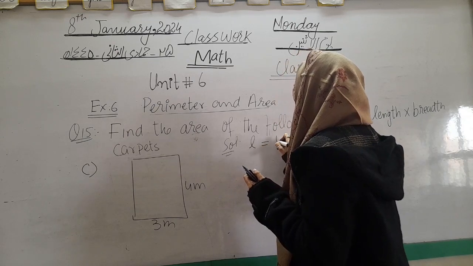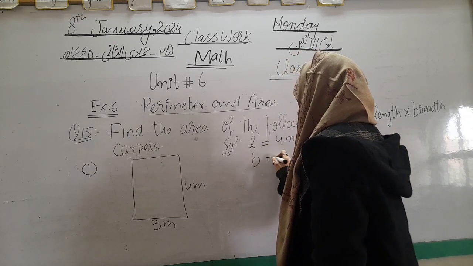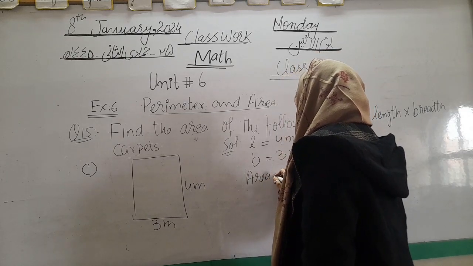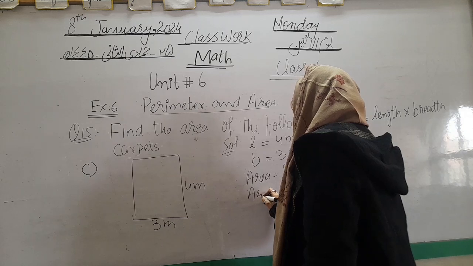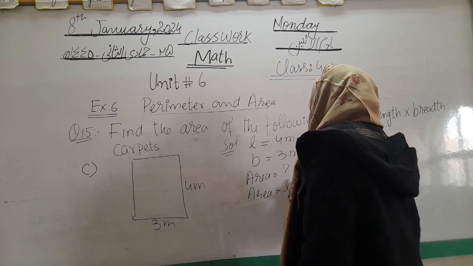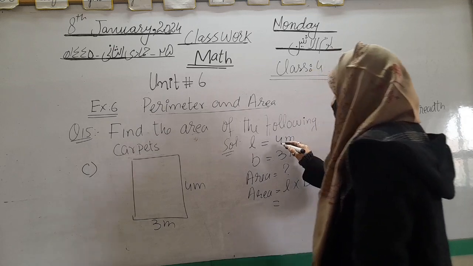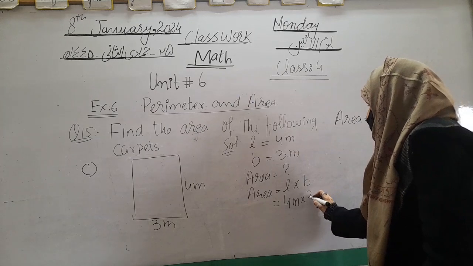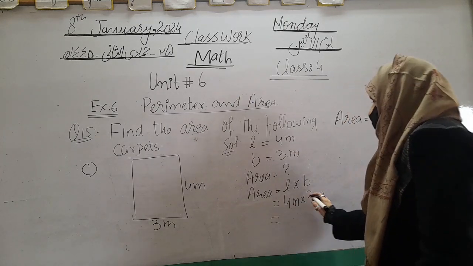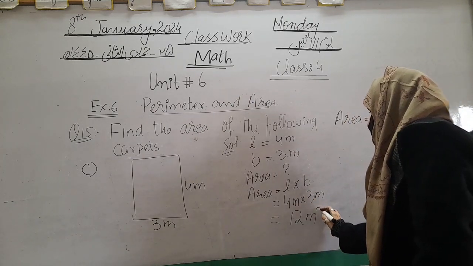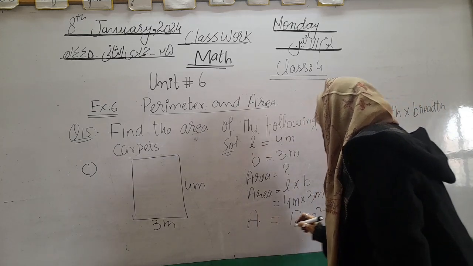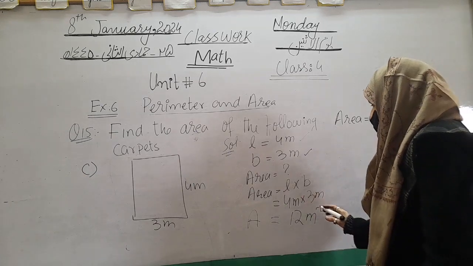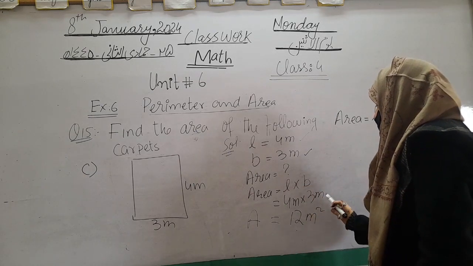The area is equal to length multiplied by breadth. What is the value of length? Length is 4 meter. What is the value of breadth? Breadth is 3 meter. 4 multiplied by 3 is 12 meters squared. When length is 4 meter and breadth is 3 meter, then the area is 12 meters squared.